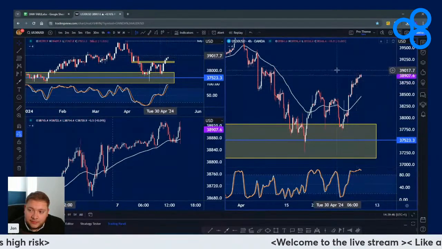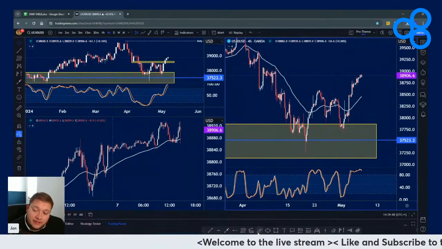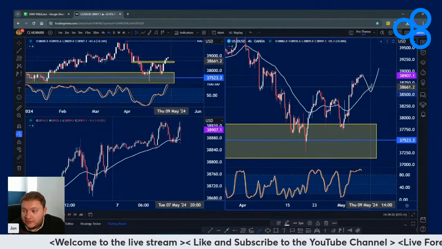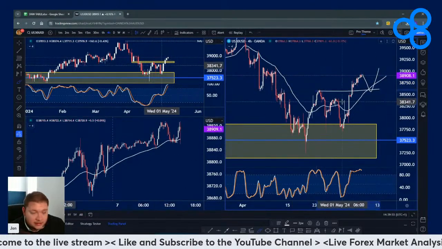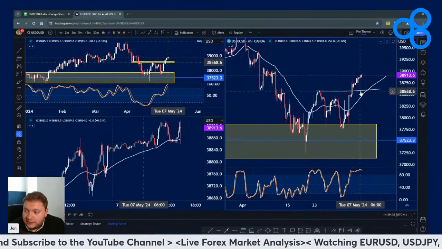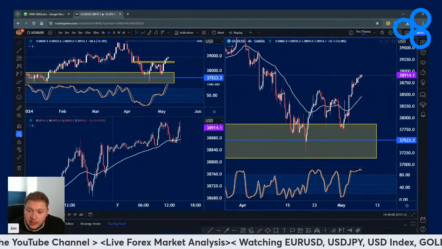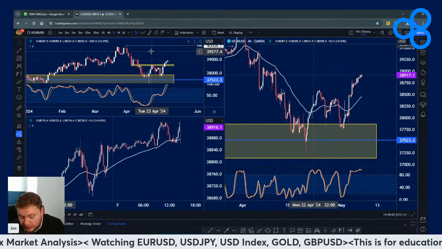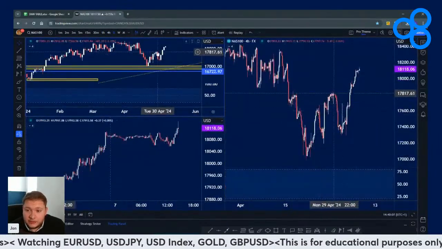We're quite clearly above the 50 MA now, which is good, especially if you want to be a buyer. So if we get a move back down into the swing highs there, we can look to be a buyer of the stock market again, targeting the all-time high level.